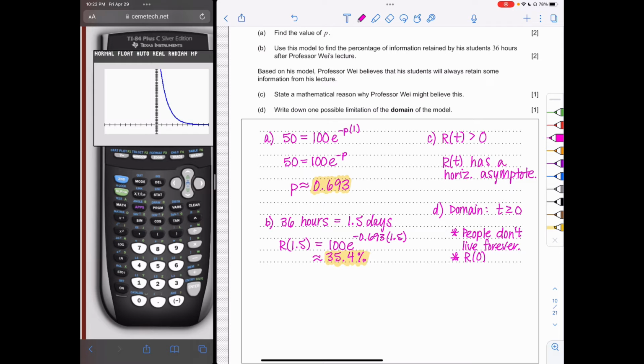So basically 0 days after learning the lecture, that will be the very first day that you learn it, or once you have just learned the information. It is impossible for you to learn something the very first time you see it and retain everything about it. That makes no sense. Okay? You're going to have some type of gap. You're not going to fully understand or master a certain topic the very first time that you see it in the beginning. All right, so there are two limitations there.